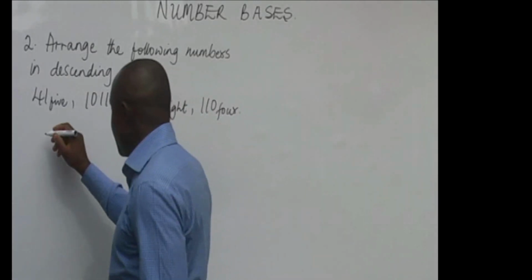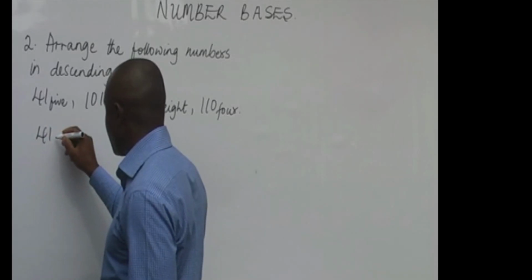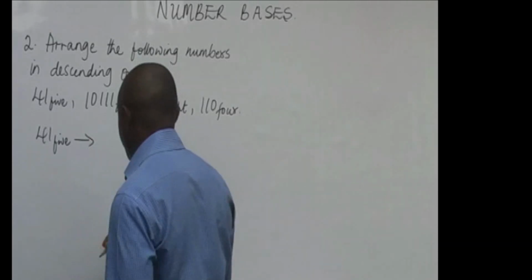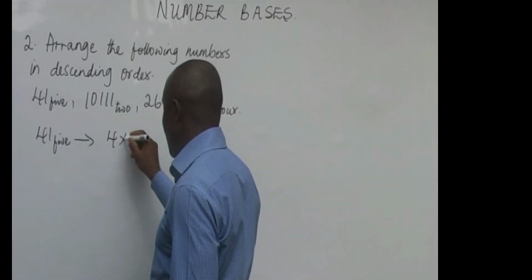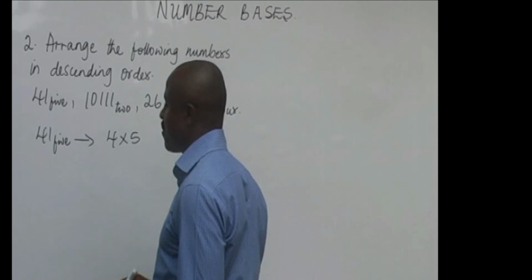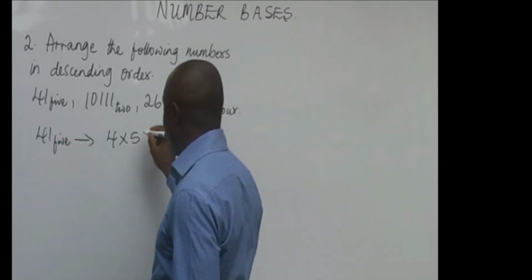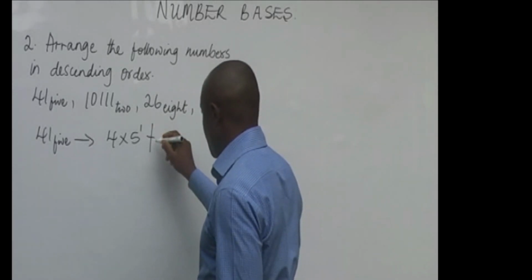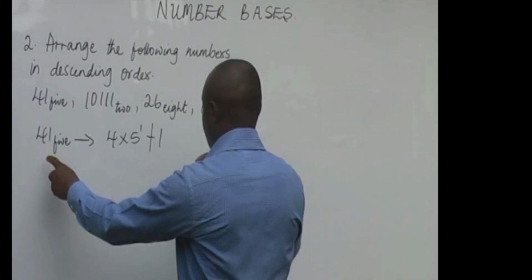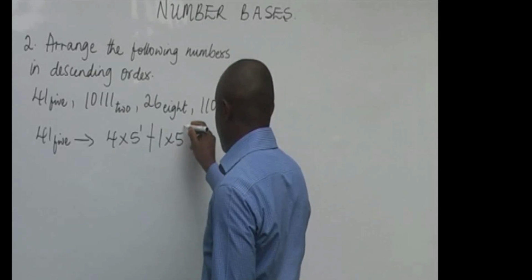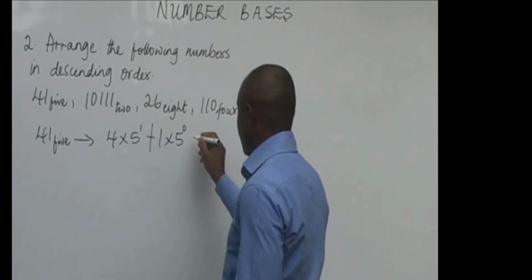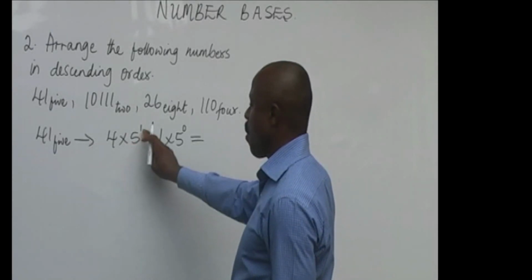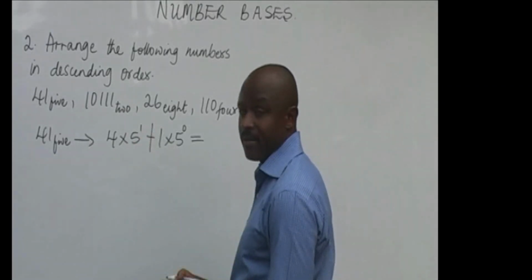So the first number is 41 base 5. 41 base 5 means 4 times 5 raised to power 1, that is remaining, plus 1 now times 5 raised to power 0. 4 times, first of all, 5 raised to power 1 or 5 exponent 1 means 5.